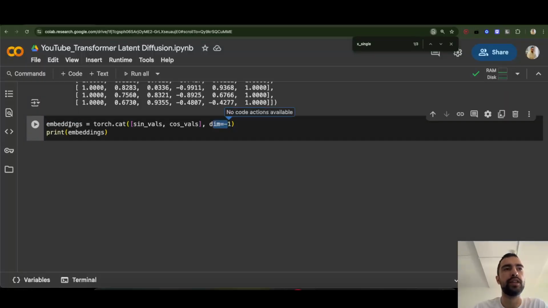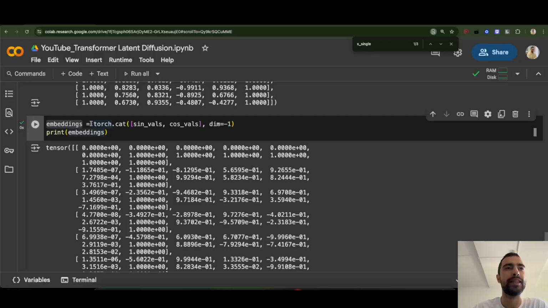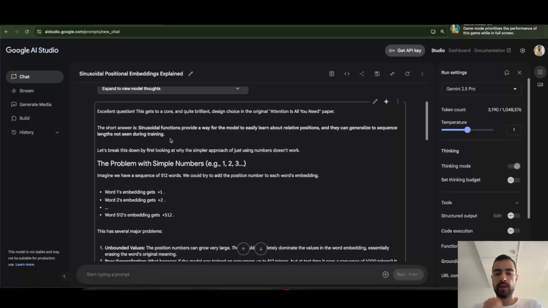Then in the code, they have this embeddings variable and they concatenate sine values and cosine values over the last dimension. So this is the sine, this is the cosine, they just concatenate them. This is also why they use these sinusoidal functions in the original paper. So they provide a way for the model to easily learn about relative positions, and they can generalize to sequence length not seen during the training.